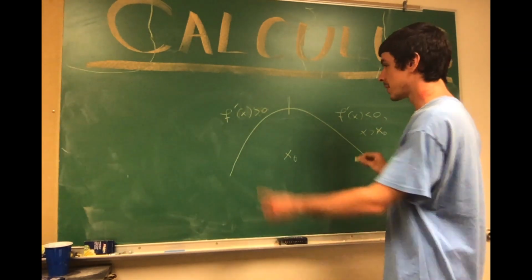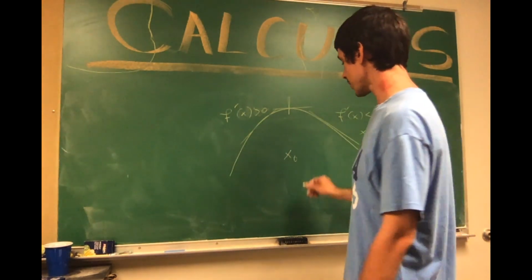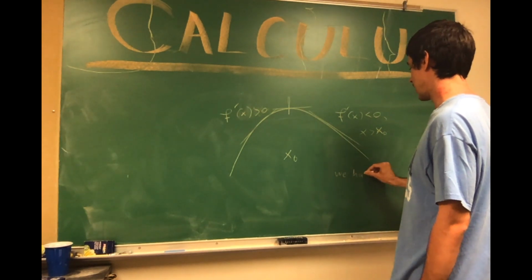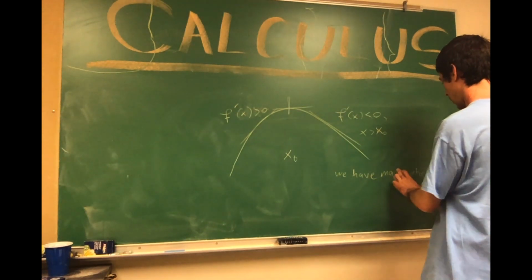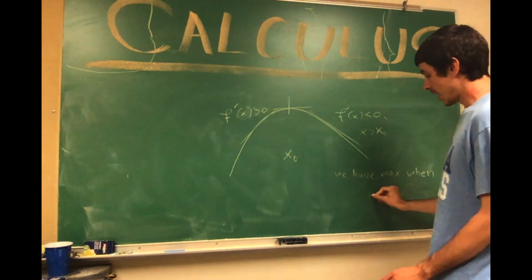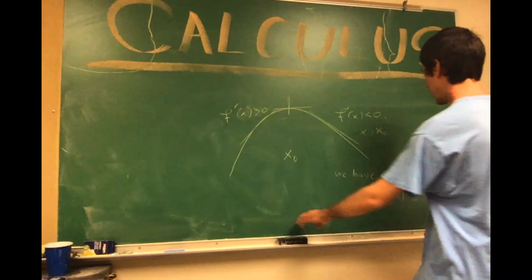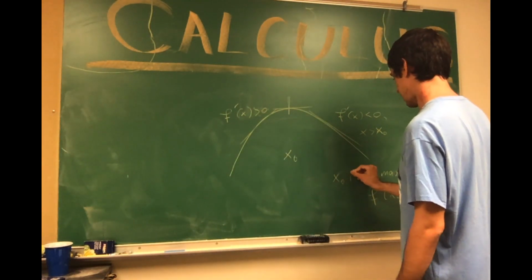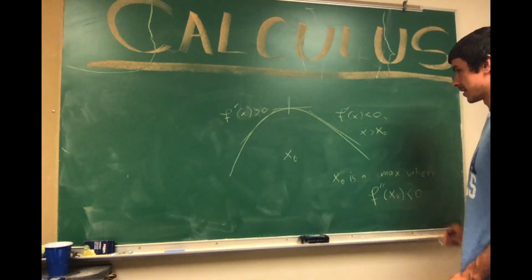This, for example, will be ensured when, so we have a max, or rather I should say x0 is a max when f double prime of x0 is less than 0.